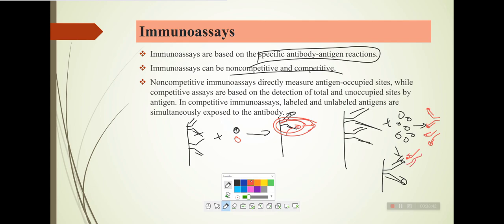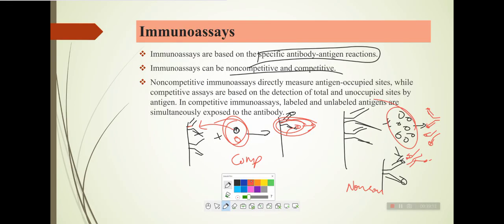They come and bind and produce fluorescent light. This one is non-competitive, this one is competitive, because we add labeled and unlabeled both, so competition takes place for the antigen which goes and binds with this antibody. Here no competition takes place, all are unlabeled antigen.